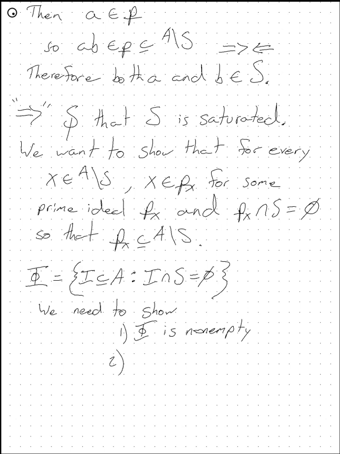and two, that, well, Phi needs to be a partially ordered set, but with ideals we always have the partial ordering of containment, and so that every chain in our partially ordered set here has an upper bound.